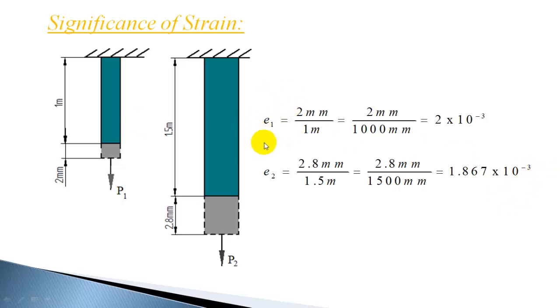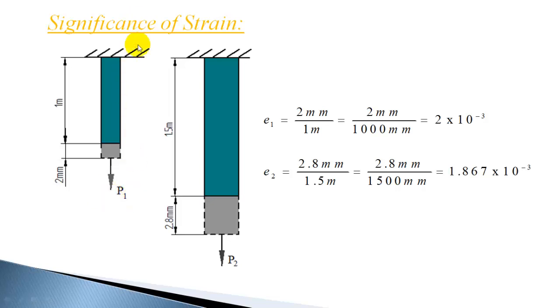So without calculating this strain, if you see these two bars, how do you judge which bar is undergoing maximum deformation or maximum elongation? Apparently this is undergoing maximum deformation because it is undergoing 2.8 mm elongation compared to this. Say if the bars were of equal length, which would have undergone maximum deformation?